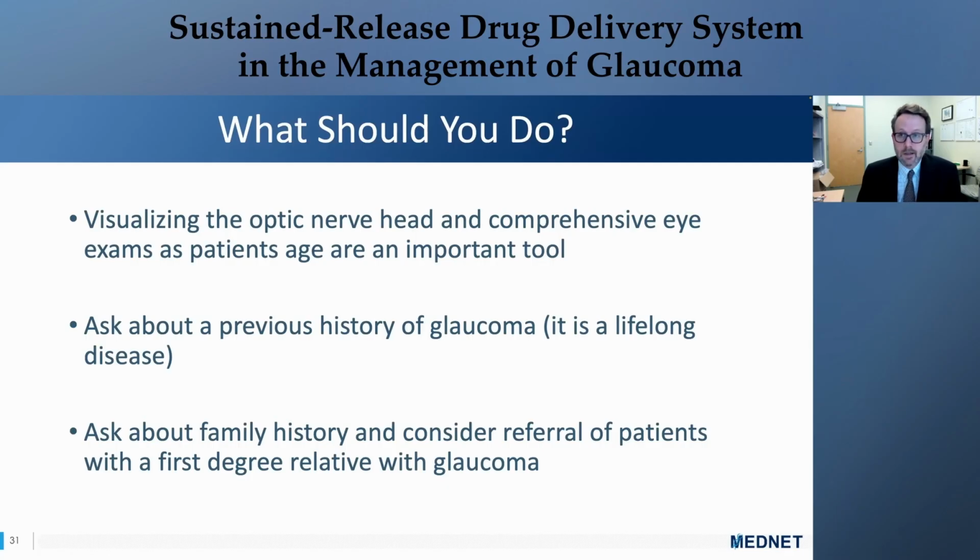It's a lifelong disease, and many times patients are diagnosed earlier in life and then are lost to follow-up and just don't mention it later on until it becomes symptomatic. And ask about a family history. If your patient has a first-degree relative, especially a sibling with glaucoma or a child with glaucoma, I would recommend screening with a comprehensive eye exam, potentially optic nerve visualization and visual fields.